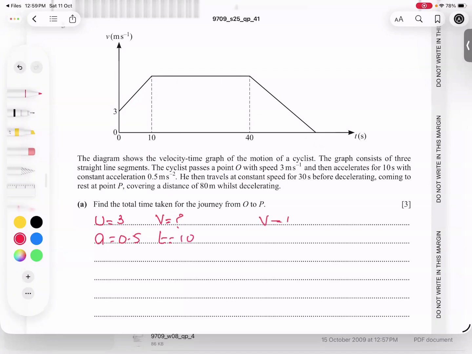The formula is V equals U plus AT. V is what we need to find, U is 3, acceleration 0.5, and time 10. So this becomes 5, and that becomes 8 meters per second.